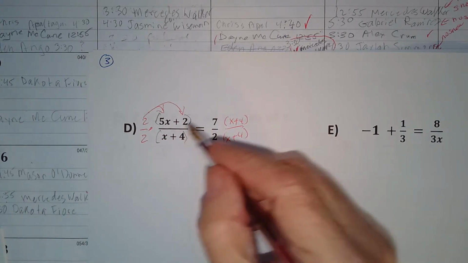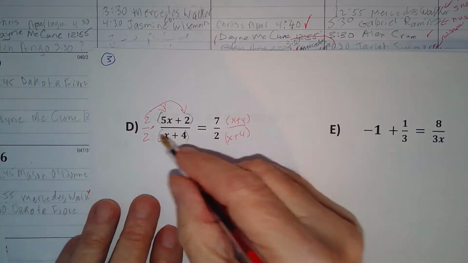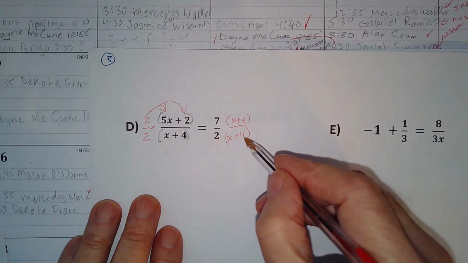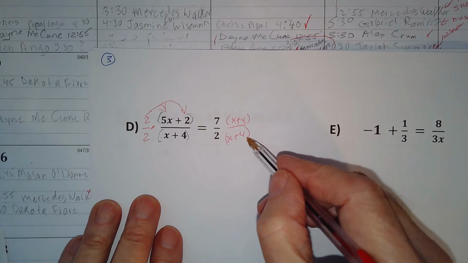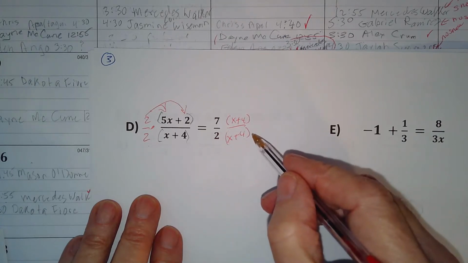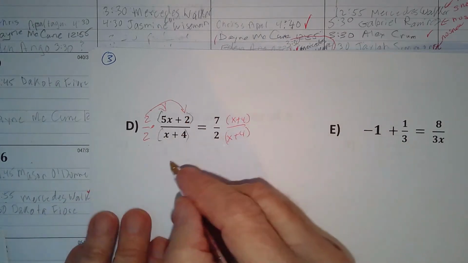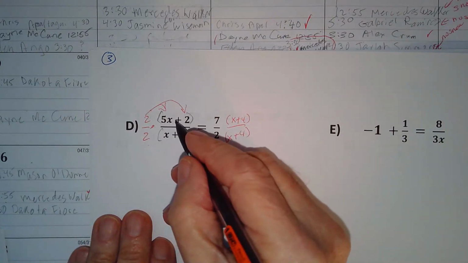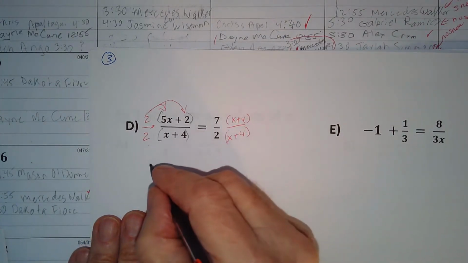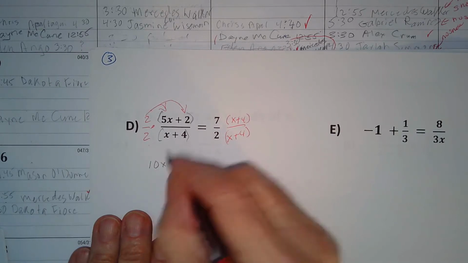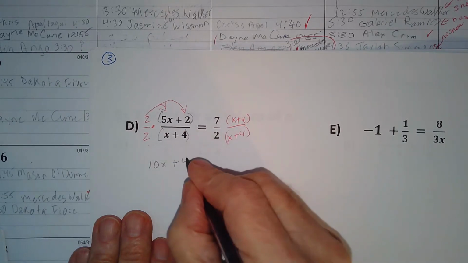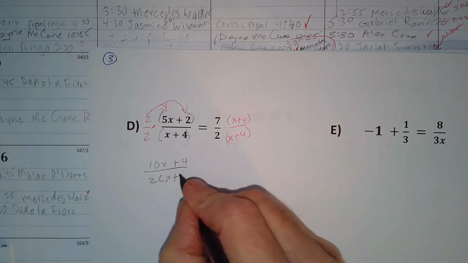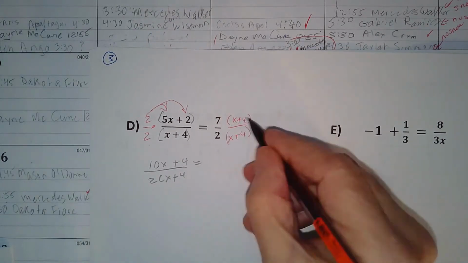And down here, I've already got 2 times x plus 4 and 2 times x plus 4. So I can just leave that like it is because I'm just going to be eliminating it. I'm not going to bother with that. So let's just multiply the 2 times 5x. So that's 10x, right? And 2 times 2 is 4 over 2 times x plus 4 equals 7 times x plus 4.